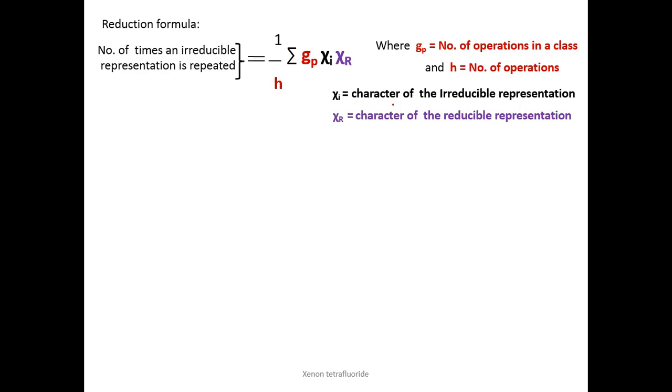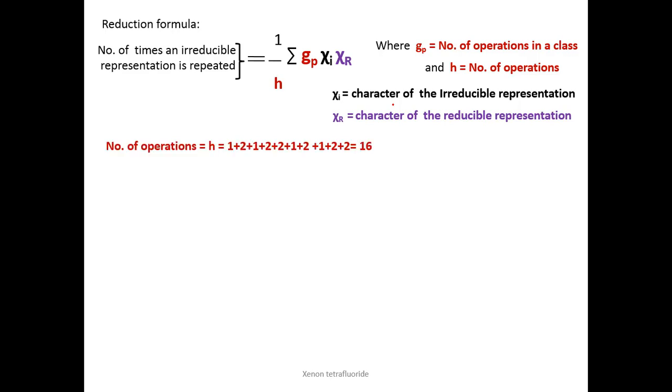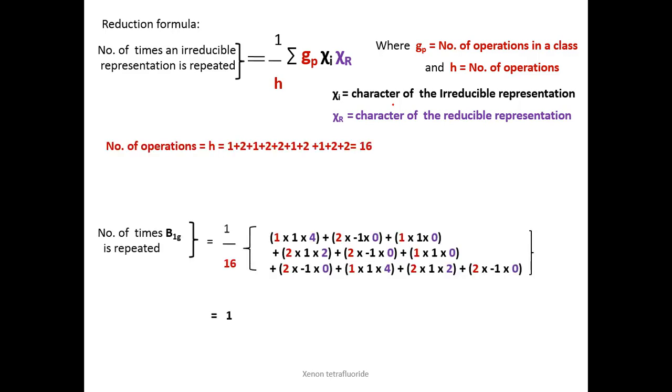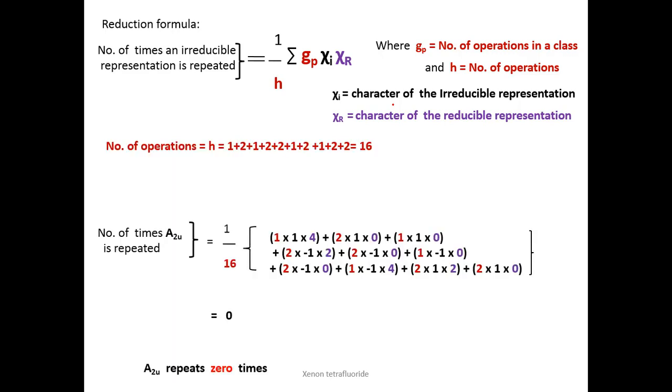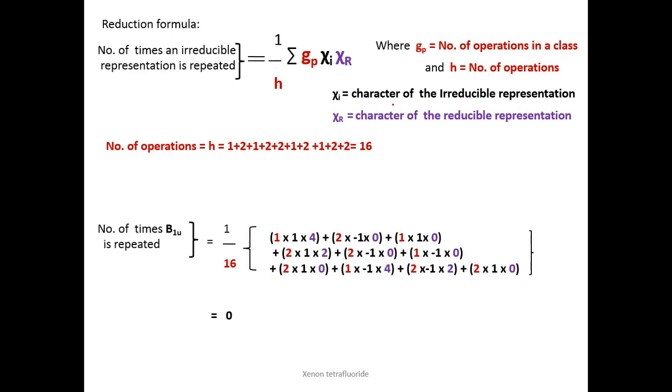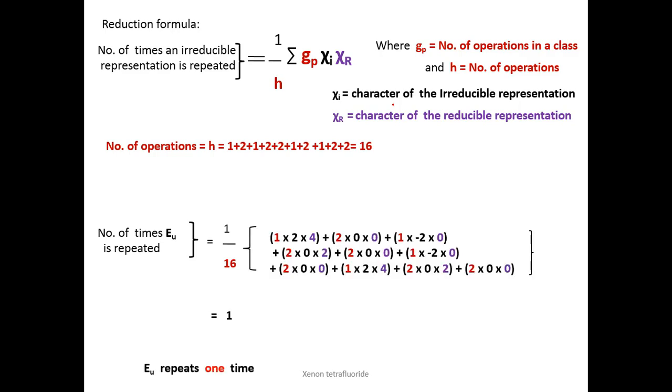A1g is repeated 1 time, and similarly A2g is repeated 0 times, B1g is repeated 1 time, B2g is repeated 0 times, Eg is repeated 0 times, A1u is repeated 0 times, A2u is repeated 0 times, B1u is repeated 0 times, and B2u is repeated 0 times. Eu is repeated one time.